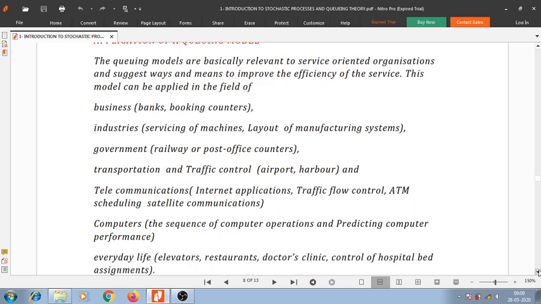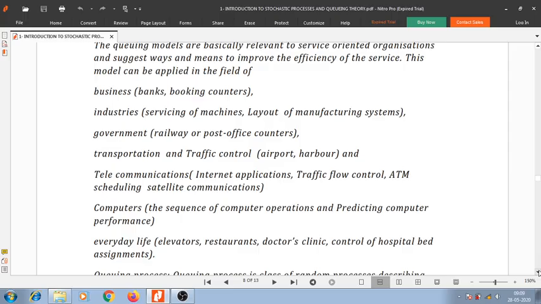Similarly, transportation and traffic control at airports and harbors. Suppose check-in and check-out at the airport, we are waiting for check-in, and when we come out of the airport, we again check out and wait. Wherever there is waiting, there is a queuing system. Suppose ships loading and unloading at harbors, again under the model of queuing system.